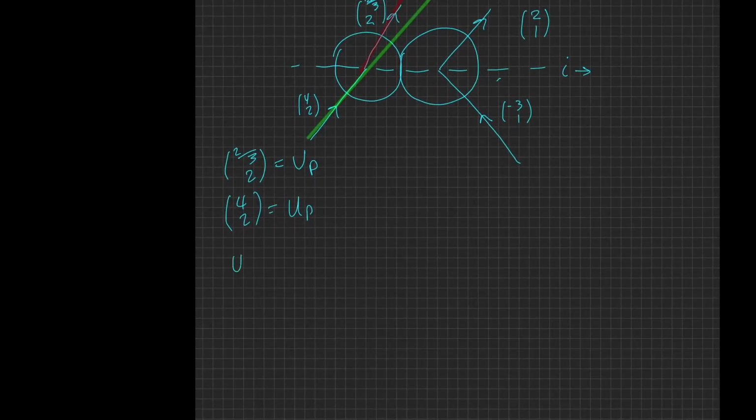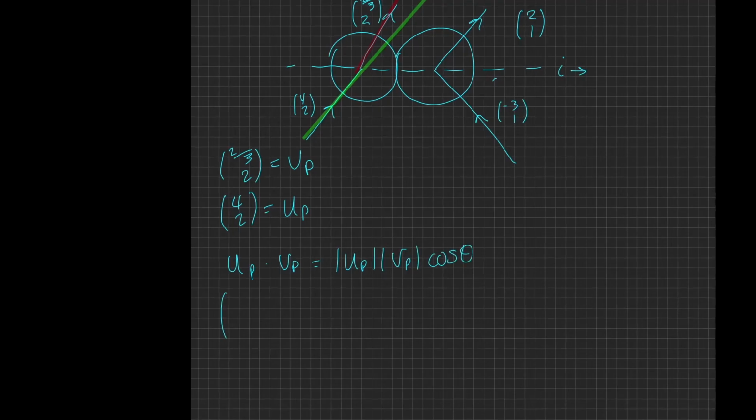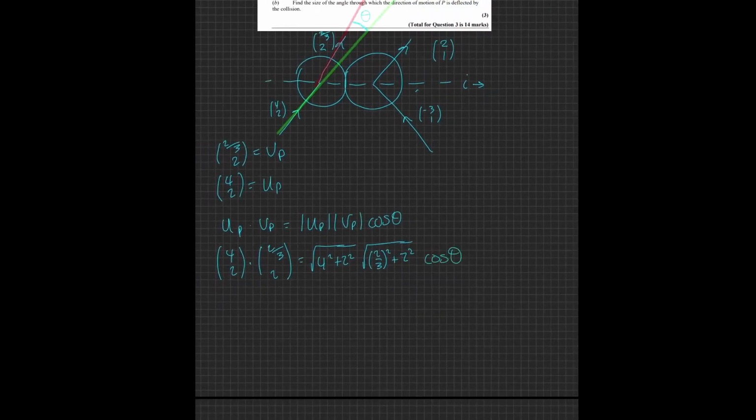So UP dot VP equals mod UP mod VP cosine of the angle between them. So 4, 2 dotted with 2/3, 2 equals the magnitude of UP, which is just going to be the square root of 4 squared plus 2 squared, times the magnitude of VP, which is the square root of 2/3 squared plus 2 squared, times the cosine of the angle between them, theta.